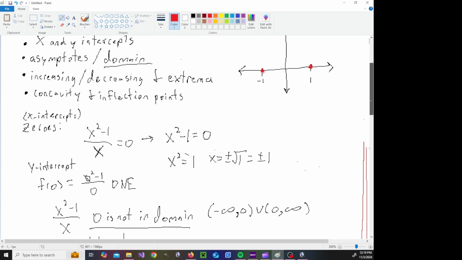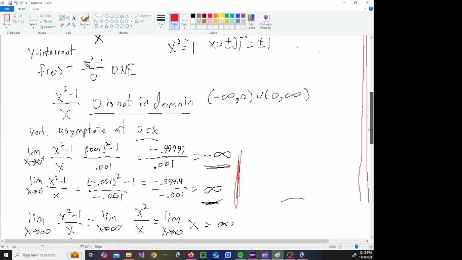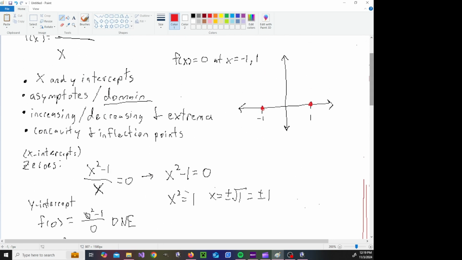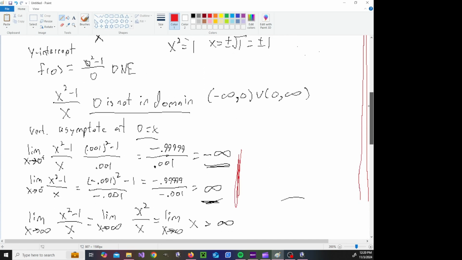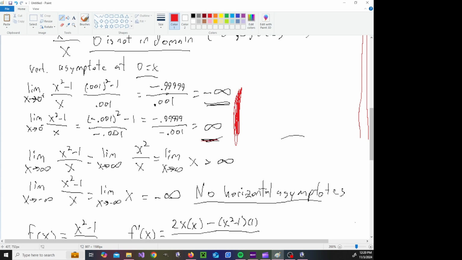Well, I also figured out that at 0 I have a vertical asymptote. Specifically to the right of 0, I have to go to -infinity, and then to the left of 0, I go to +infinity. That's what these two pieces showed us right here, right? My left-hand limit is +infinity, my right-hand limit is -infinity.